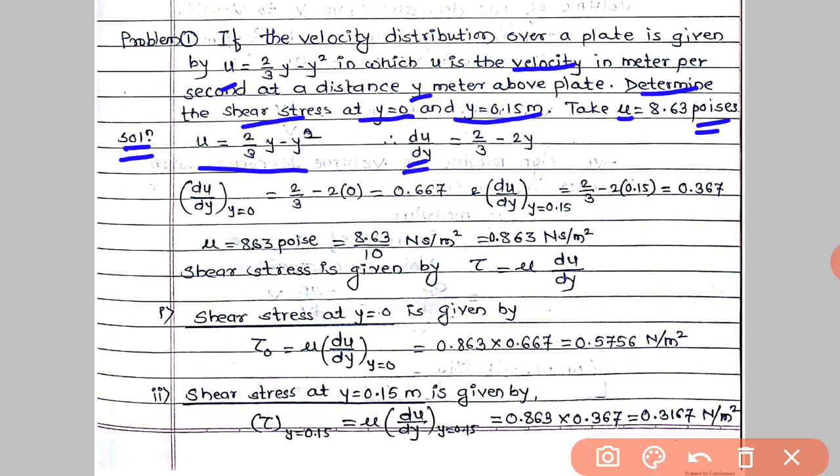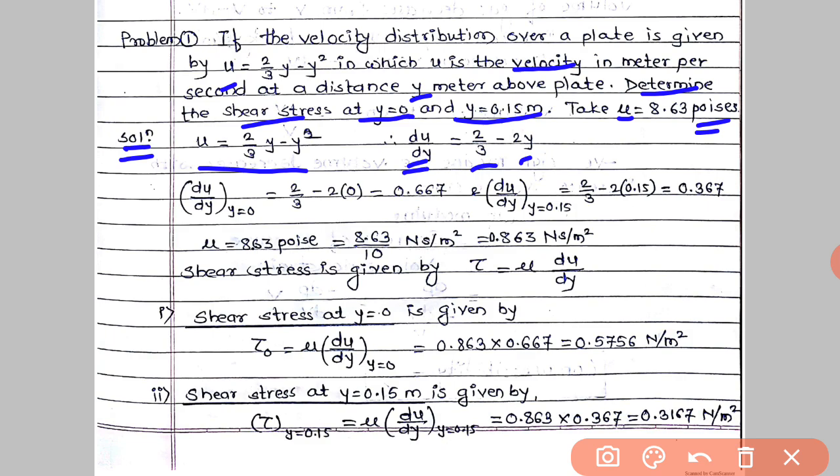The derivative of 2 by 3 y is 2 by 3 and the derivative of y square is 2y. We know the formulas, d by dx of x is 1 and d by dx of x raised to n equals n x raised to n minus 1. So you have to use those two formulas here.